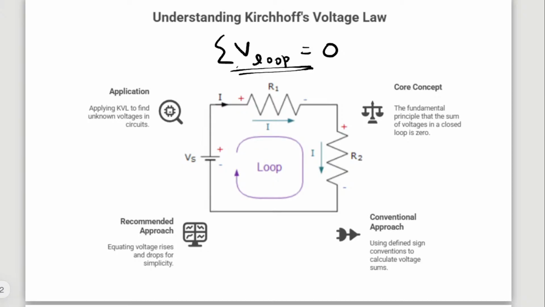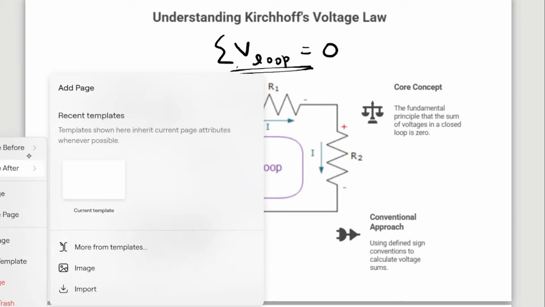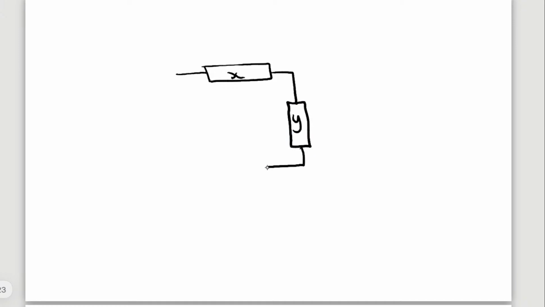So, in order to understand Kirchhoff voltage law, let me consider another circuit here. This is X, this is Y, this is Z. Let's say this is A. Now, let me give some polarity here.